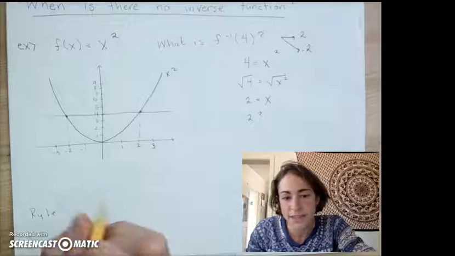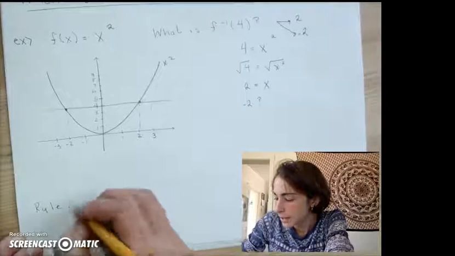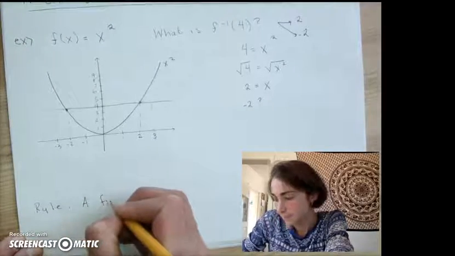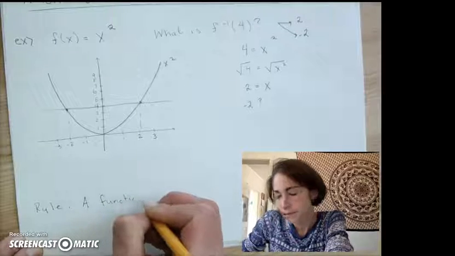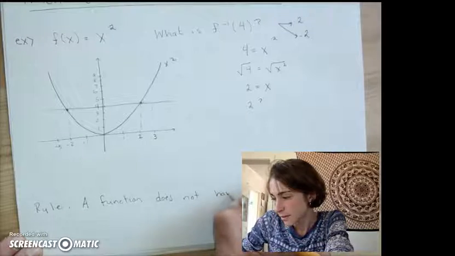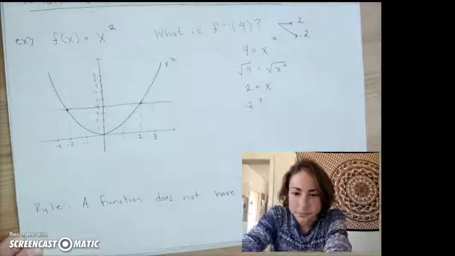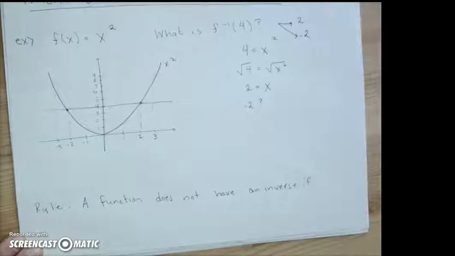We're going to formalize this rule in just a minute, but what we're seeing here is that a function does not have an inverse if, let's get rid of this little window so you can read it.